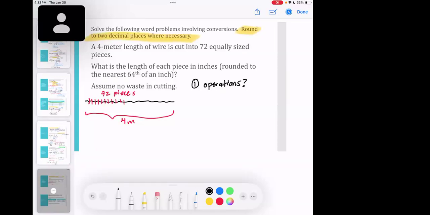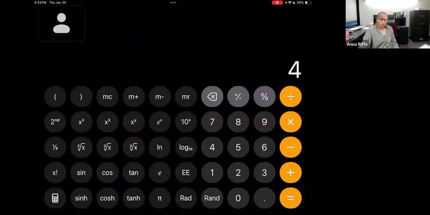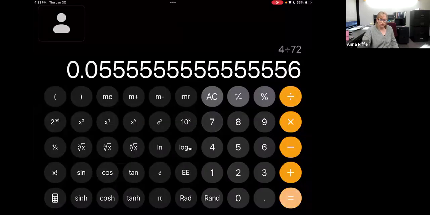Yeah, I would agree. I think we would take the 4 meters, the length, and divide that into 72 pieces. Okay, that's pretty doable. Pull up our calculator.